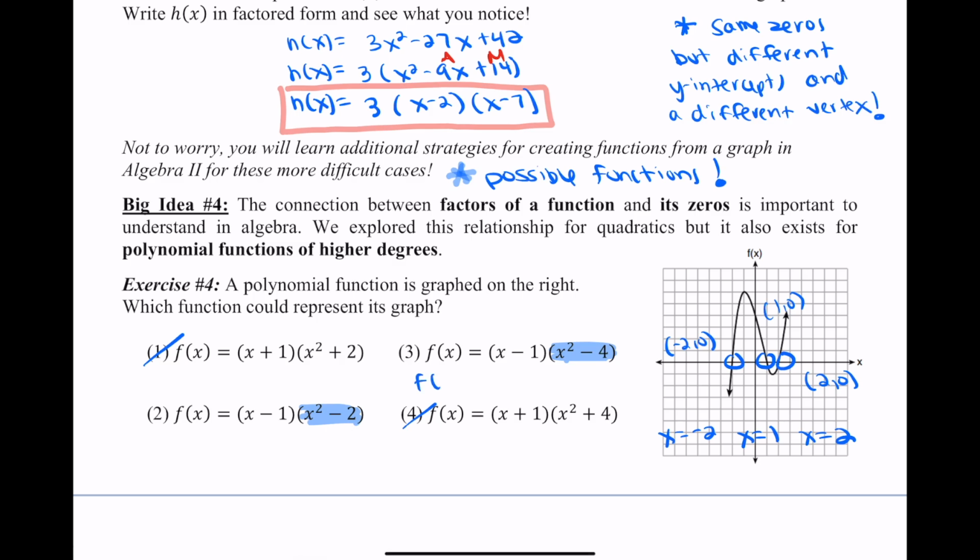So I can rewrite this answer choice as x minus 1 times x plus 2 times x minus 2. And there I have my factors that match the graph. So x minus 1 matches my 0 of 1, x plus 2 matches my 0 of negative 2, and x minus 2 matches my 0 of 2. 3 is our correct answer.